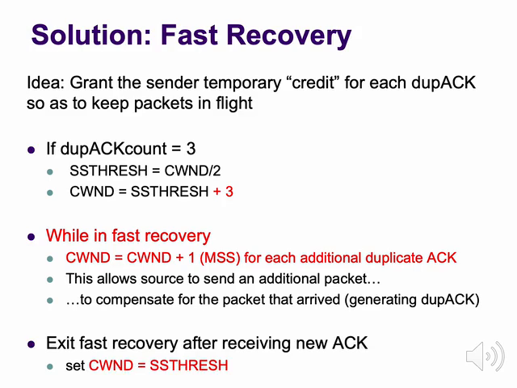The condition under which it exits fast recovery is when it receives a new ACK. So when it's received a new ACK, this tells the sender that this issue with this isolated loss is resolved, and it can now go back to what it originally intended, which was to get back into AIMD, but to do it with a reduced congestion window. So we set the congestion window to be ssthresh, the original half that we had saved.